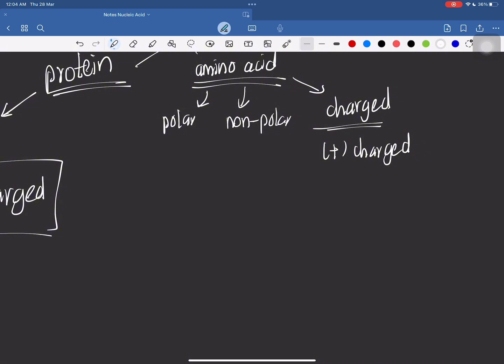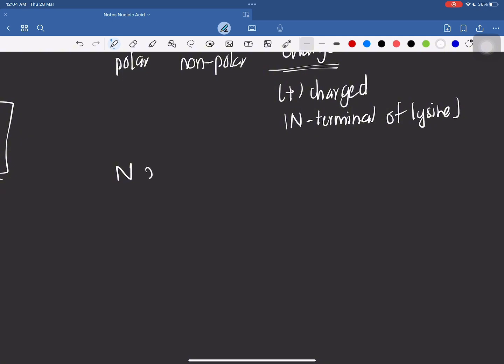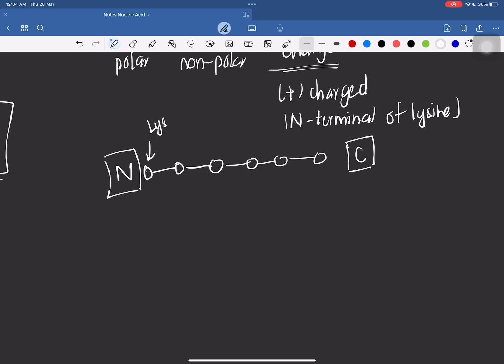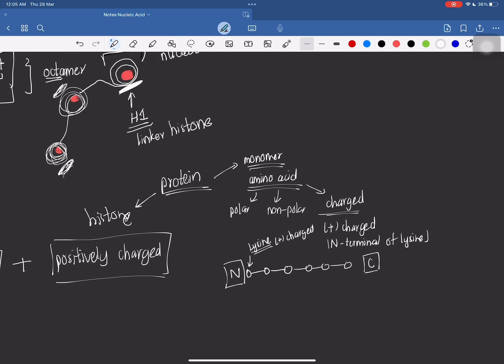It is the N-terminal, the lysine. Let me write this first. For protein, they have the N-terminal and C-terminal. This one I will cover in the next lesson. So the N-terminal has the lysine amino acid, which is positively charged. That's the reason why they can interact with the DNA, and they form the nucleosome.